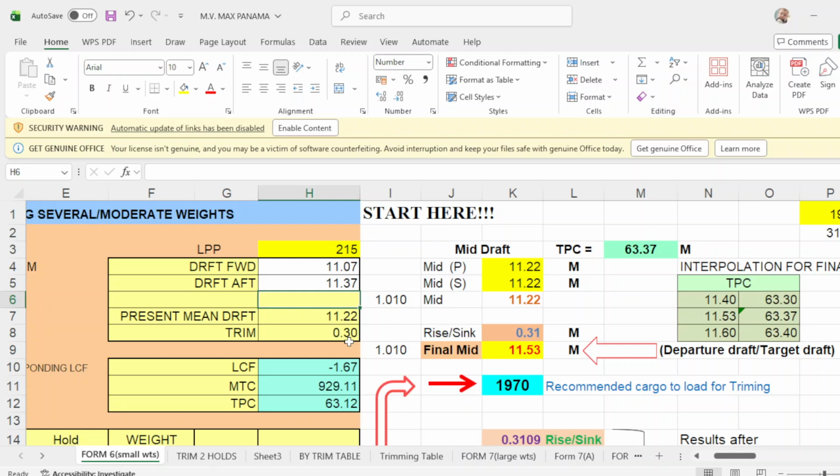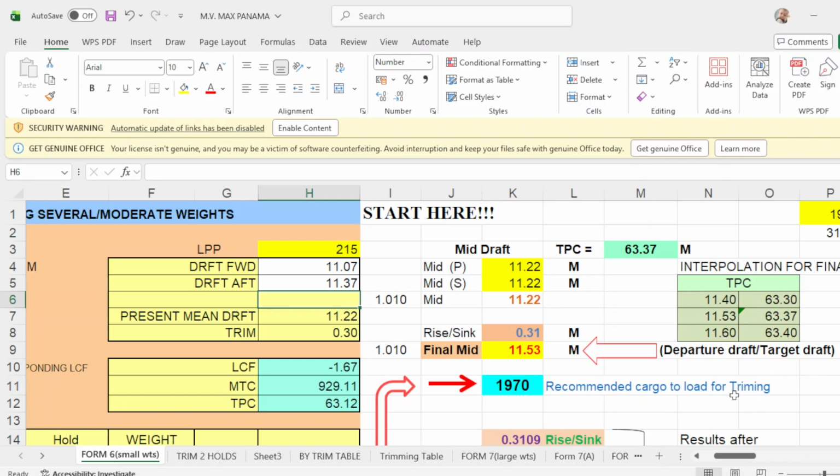For example, before computing the remaining cargo to load, the foreman has stopped the operation and asked the chief officer and the draft surveyor to take draft readings around the vessel so that they can compute how much remaining cargo to load.